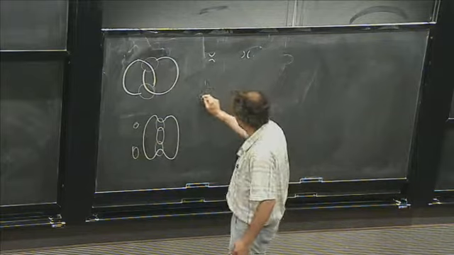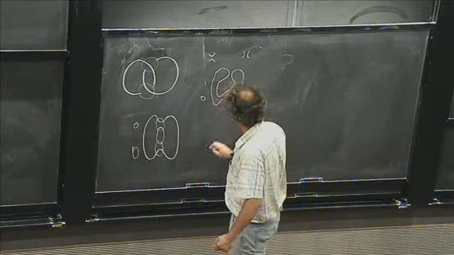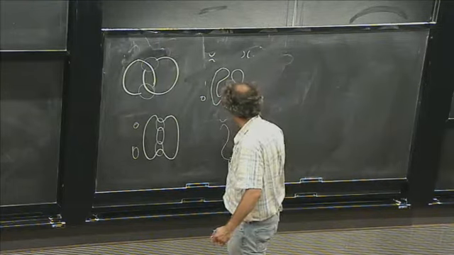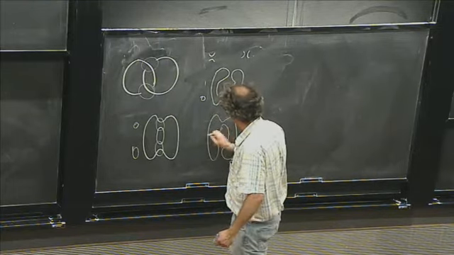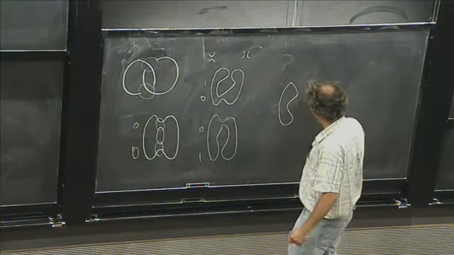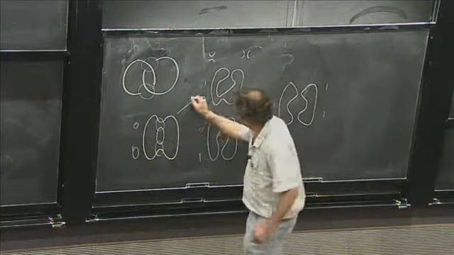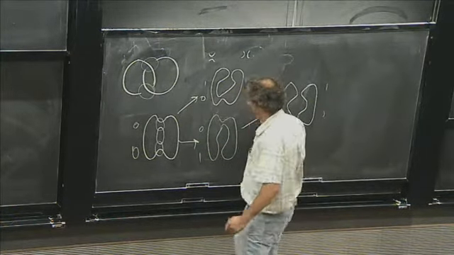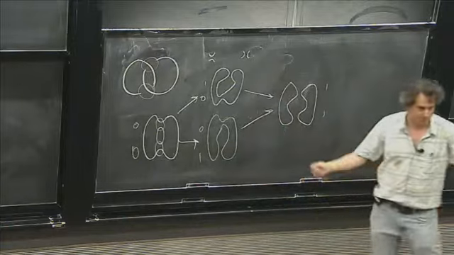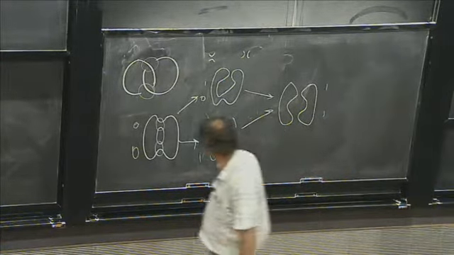Maybe I do 1, 0. That's going to look like this. Or I could do 0, 1. Or I can do 1, 1. But the point is that if you have an n crossing knot, you can write down a hypercube with 2 to the n different vertices, where you put the zeros or the ones at the various vertices.